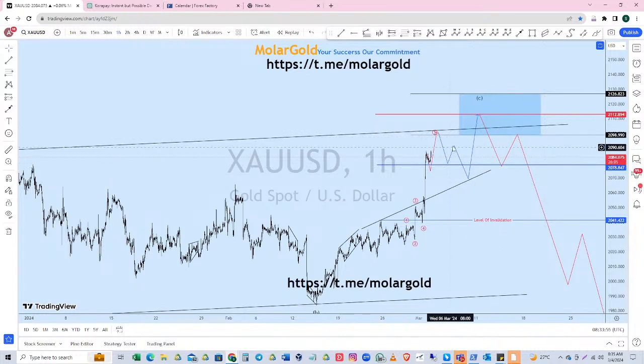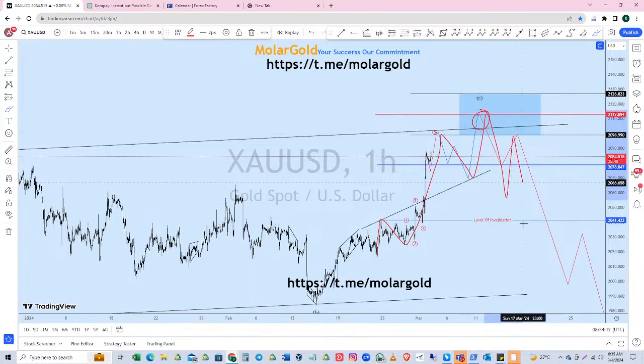I think I've drawn it on the chart already. So the cycle should look like this: with 1, with 2, with 3, with 4, and then with 5, and we are done. Once we are here, we are done, and then we should expect 5 waves to the downside.